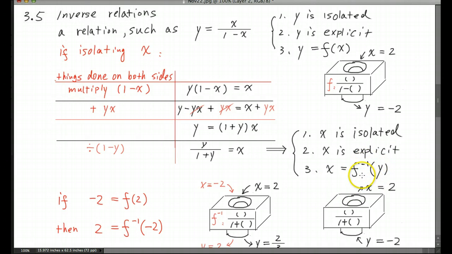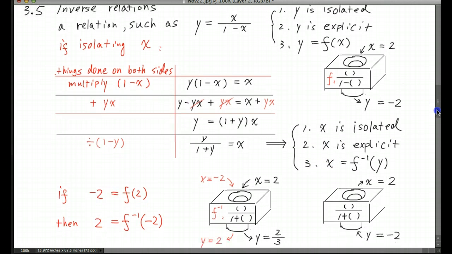The negative 1 is just a way to express that it's an inverse relation. If you compare f(x) and f negative 1 of y, it is an inverse relation because you isolated y here, and here you isolated x. So this kind of relation is called an inverse relation.